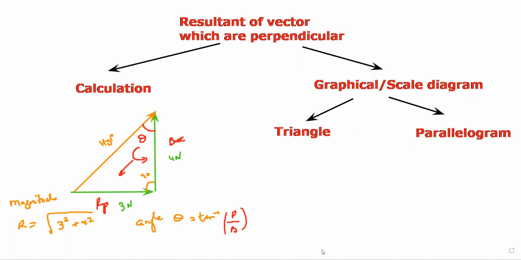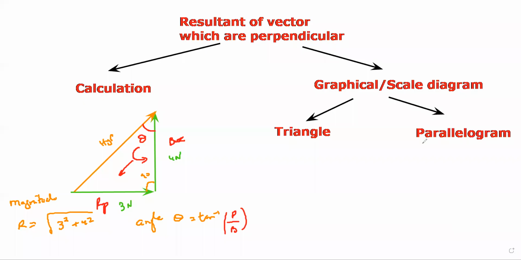Is the calculation method clear? So this refers to the calculation method. But how to do a graphical method? In the exam, they usually give you a choice to solve either by a graphical method or a calculation method. So I'll explain both methods, and whichever you find easy, you will use that method. If the choice is not there, then you have to solve according to the given method.